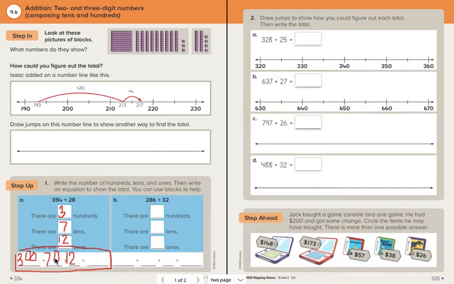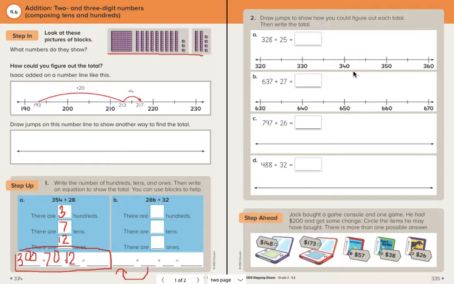You're going to do the same thing over here with B, but I think instead of regrouping ones to tens, you're going to be regrouping tens to hundreds. Just like we did with the step in. That's just a little bit of a hint.